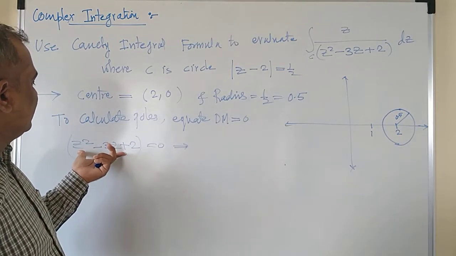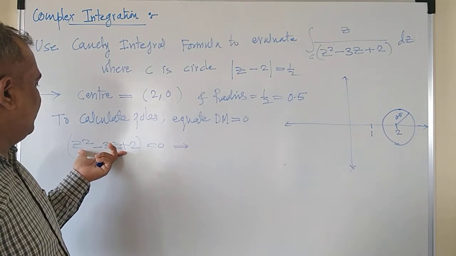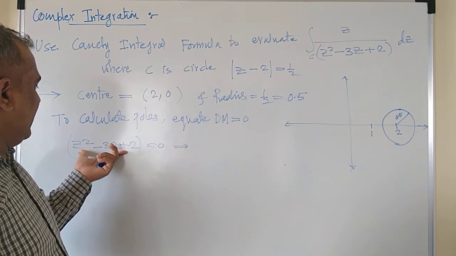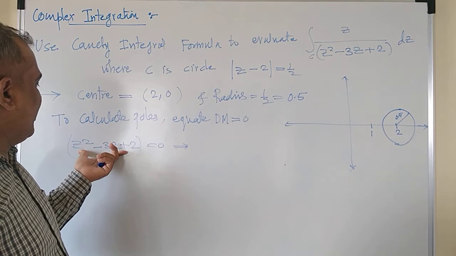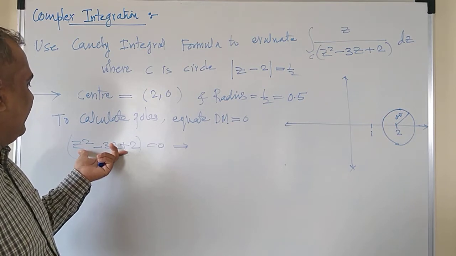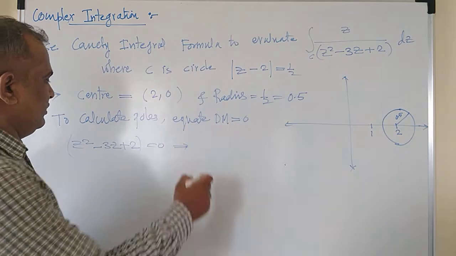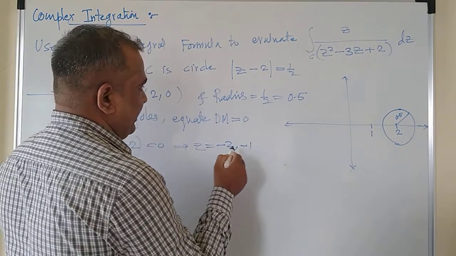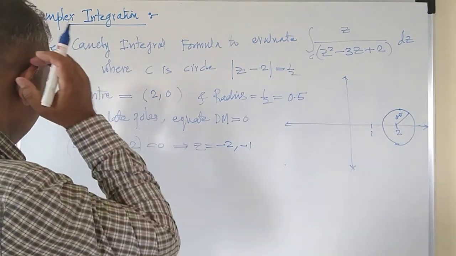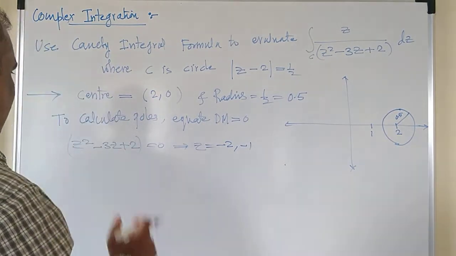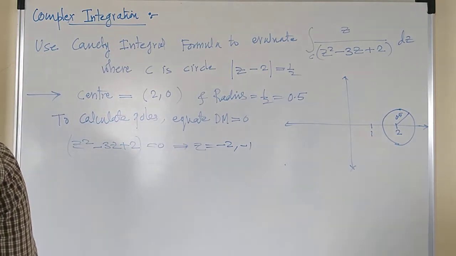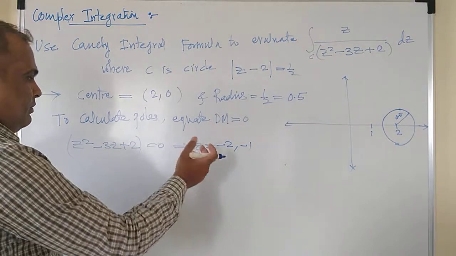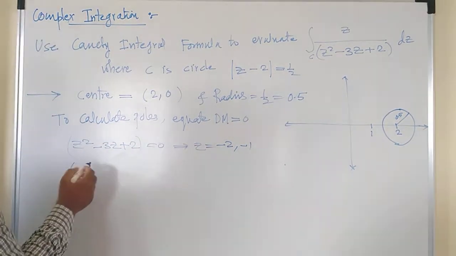So for this equation, the product of the roots must be 2 and the sum must be 3. So what are the points? 1 and 2, right? How can I write the factors?